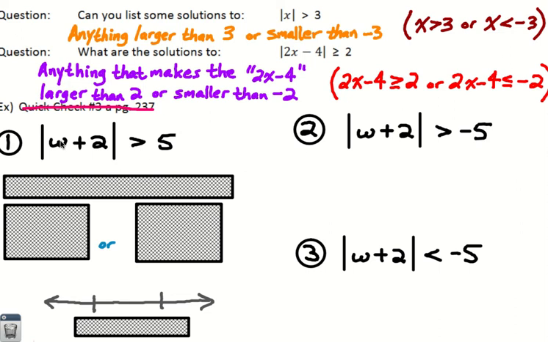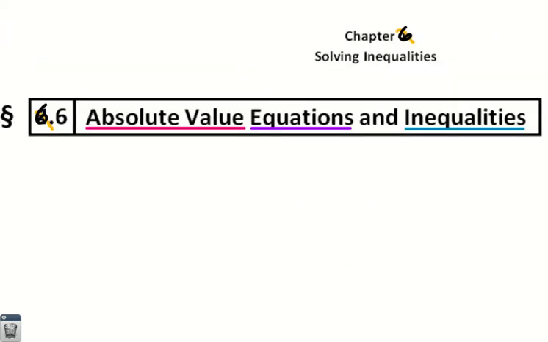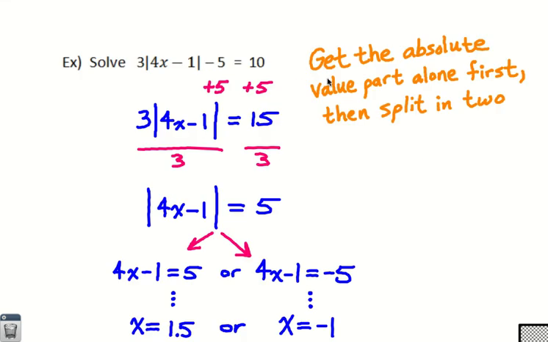All right? So moving on to an example that you may or may not want to try on your own, pausing the video. Again, just like back with the equations, there are a lot of common themes here. The very first thing you want to do, if necessary, is get rid of anything that's on the same side as the absolute value part.